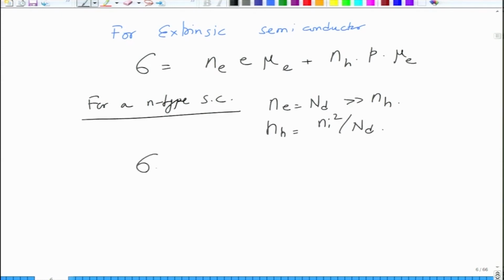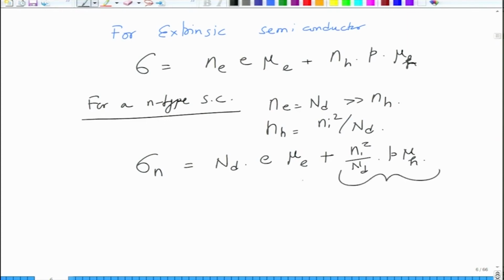So sigma n becomes in this case Nd e mu e plus Ni square divided by Nd into p, sorry, this should be Nh, p mu h. Okay. Now since this component is very small, this tends to dominate. So as a result, sigma for n semiconductor is almost equal to Nd e mu e.